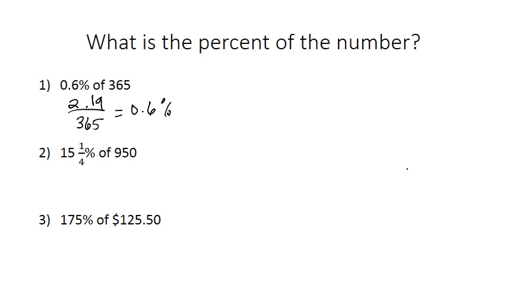Then I'm going to multiply it by my number that it's out of, so times 365, and I'm going to divide by 100. So I take 0.6 times 365 divided by 100, and that is equal to 2.19.